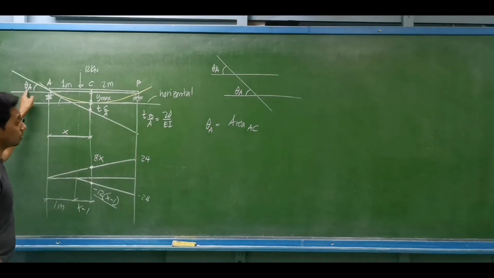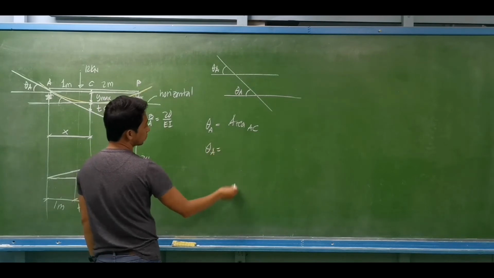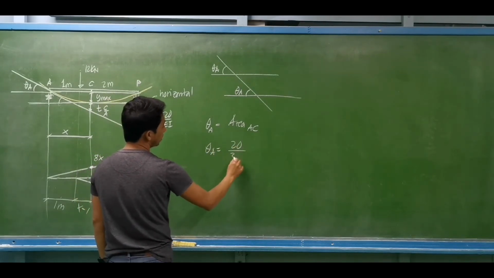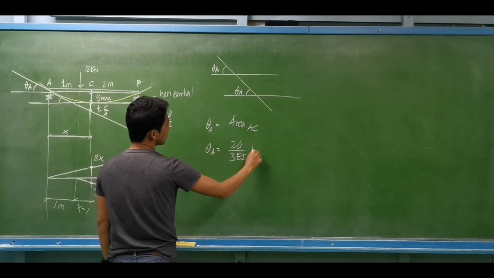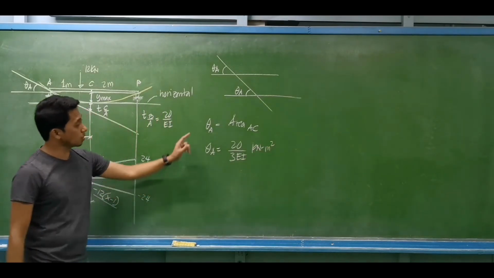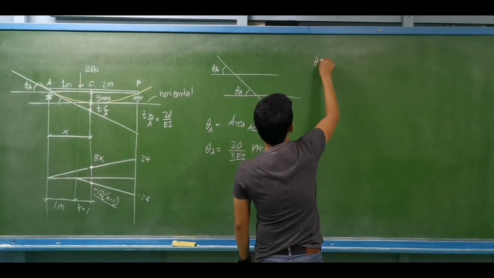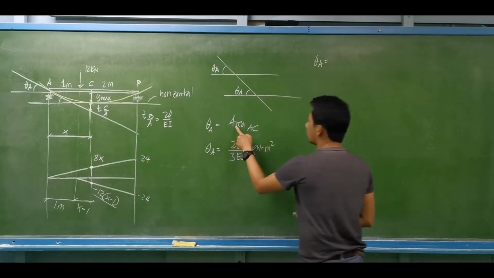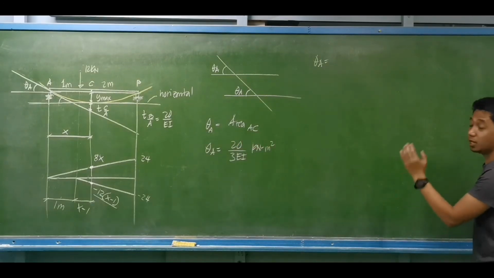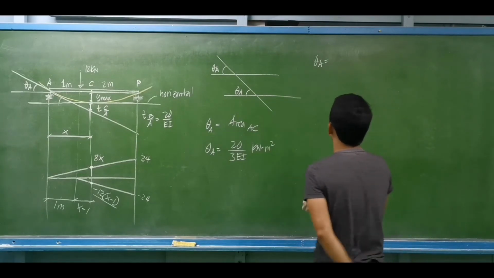A while ago, or yun kanina, we are able to compute for the rotation at A. The rotation at A is equal to 20 over 3 EI, in terms of kilonewton meter squared. So the rotation at A is equal to the area of the moment diagram from A to point C. Yun yung assumed location natin ng maximum deflection.